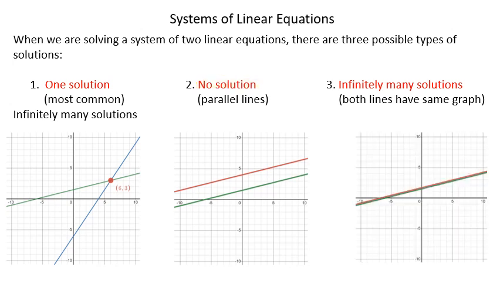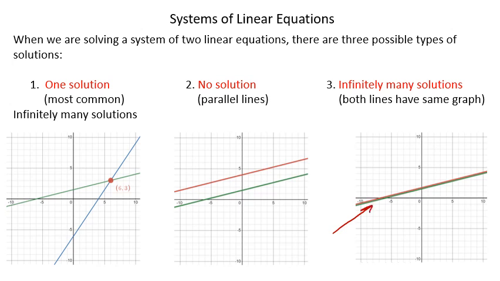And then the third option, they could overlap. They could be two equations that maybe look different, but when you graph them, they have the exact same graph. So every single point is on both lines. I don't know if you could see in that graph on the right-hand side, but there's a green line and a red line overlapping each other.